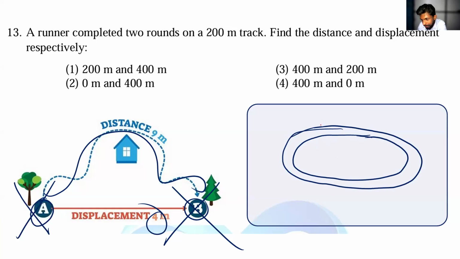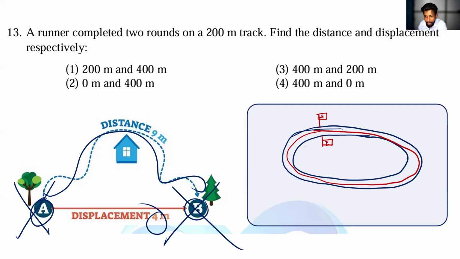So we'll start at the starting point. The length of the track is 200 meters. And this will be the ending point. So we'll say he's running like this, 2 times.